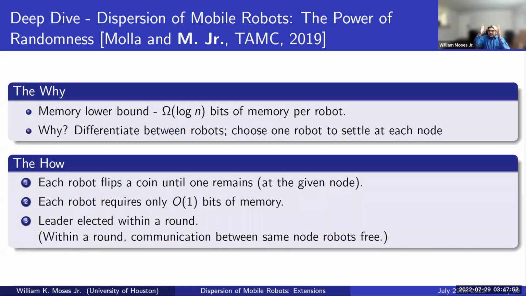Typically talking and locally computing something is very fast, but for a robot to actually move from one node to another takes quite a bit of time. So when robots are at the same node, if you break up a given round, which is some interval of time, into a bunch of sub-rounds, you can use these sub-rounds to actually choose the leader.